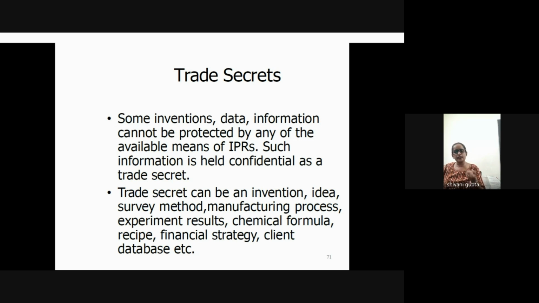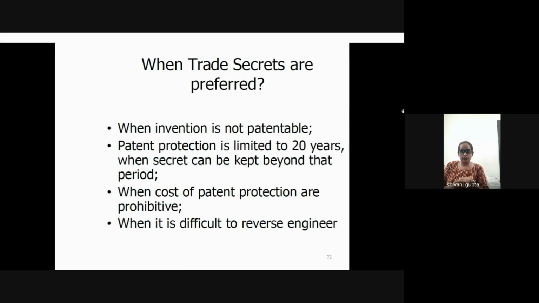But these are inventions, data and information that cannot be protected under any existing intellectual property laws. So this information is held as confidential and is protected under trade secrets. Now, the question comes to mind of when trade secrets are preferred.